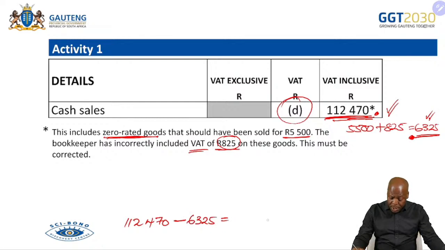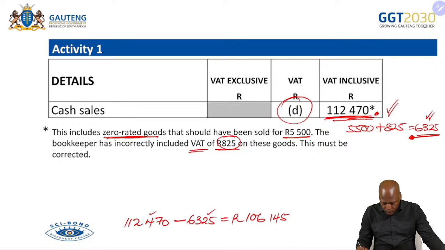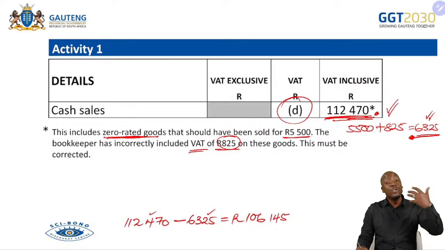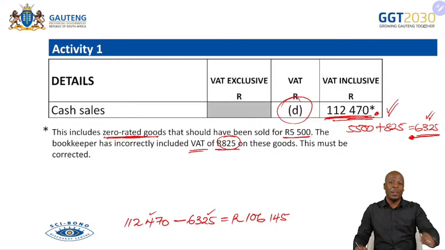You are saying 112,470 minus 6,325. If you punch these two figures in your calculator, please tell me how much do you get. Okay, thank you so much. Someone is saying, Mr. Simbi, we get 106,145. Okay, thank you. Now, we now have our VAT inclusive, which does not include zero rated items.